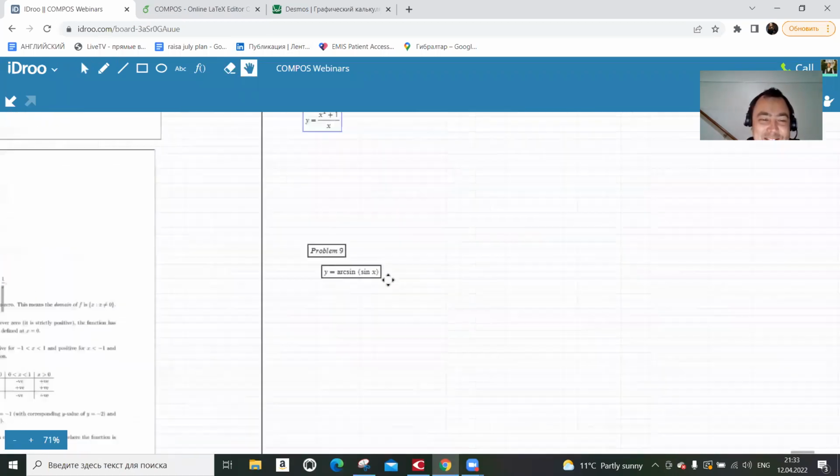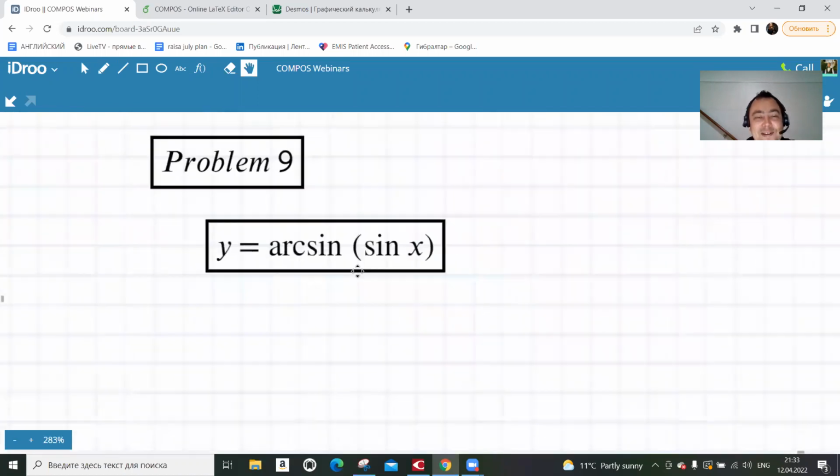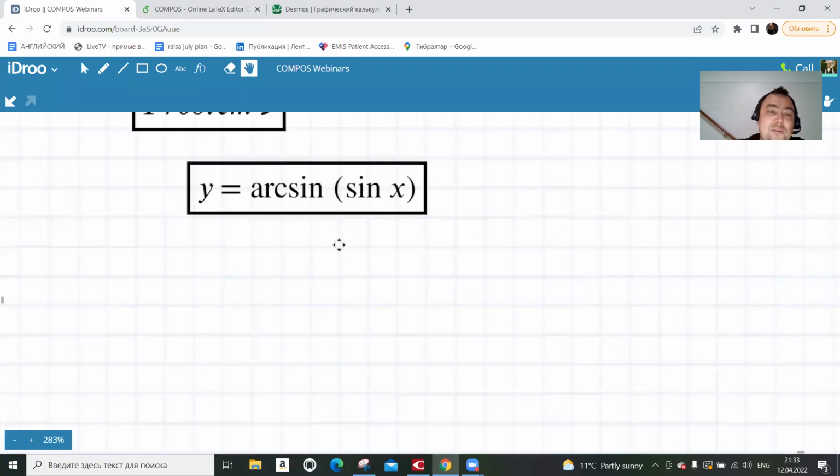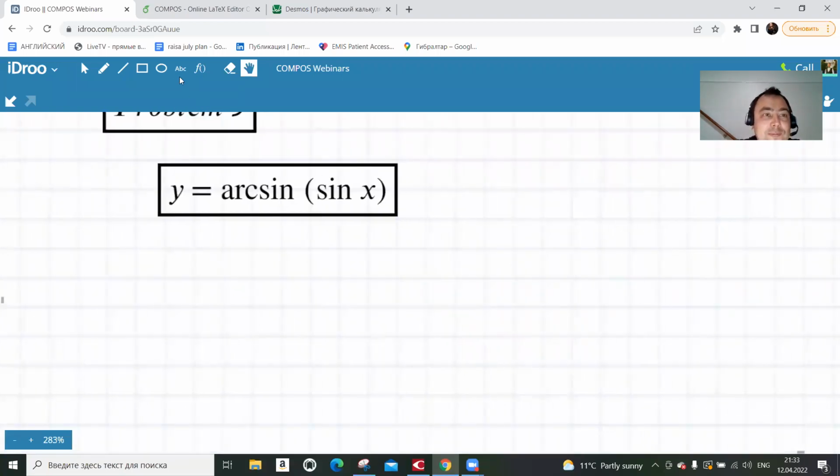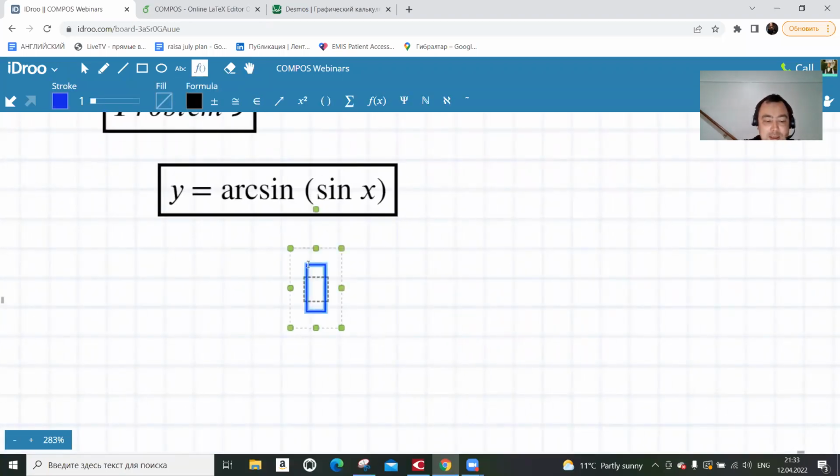Okay, so this graph here, you have a very similar question in the assignment. One thing you need to notice is that first of all, x is any real number. That means the graph will go from minus infinity to plus infinity.